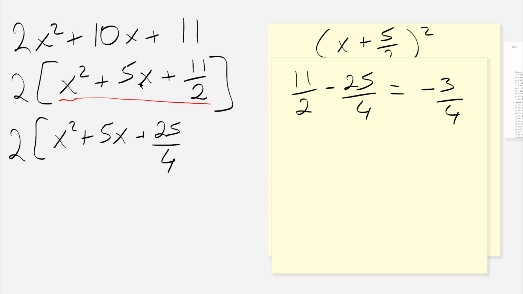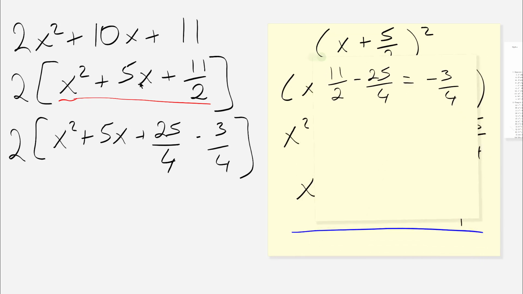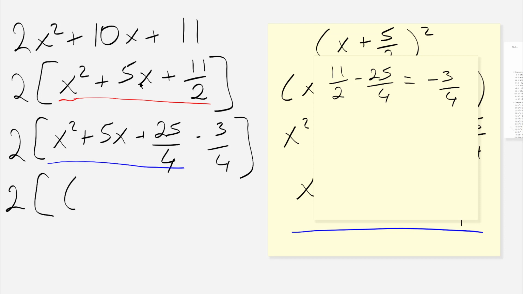So minus 3 over 4 is my remainder. So then I just continue on here. I rewrite this as 2 times, I know that the x squared plus 5x plus 25 over 4, that is x plus 5 over 2 to be squared, and then I have my minus 3 over 4.